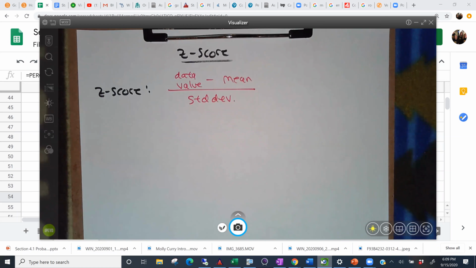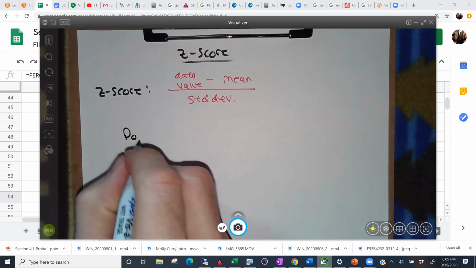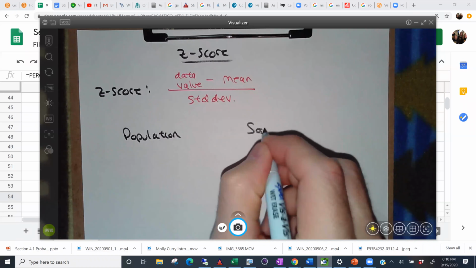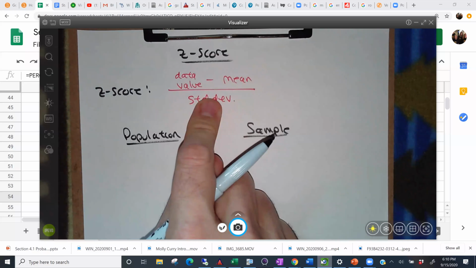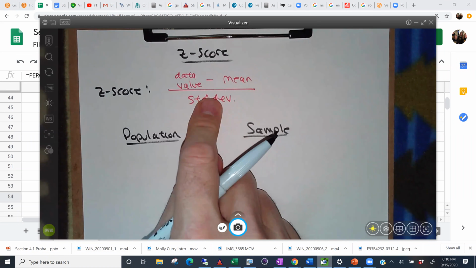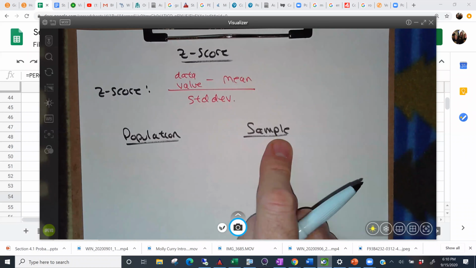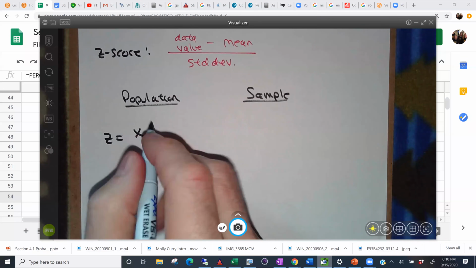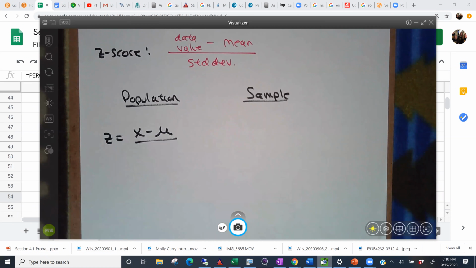Now let me write down two things here: population and sample. The actual formula we're going to write down varies depending on whether you have population data or sample data. If you have a population, then the mean is denoted with the Greek letter mu.